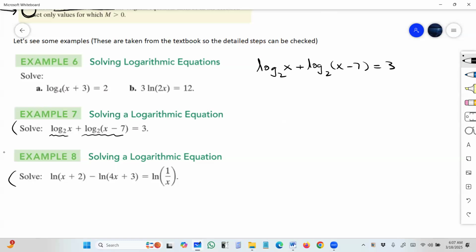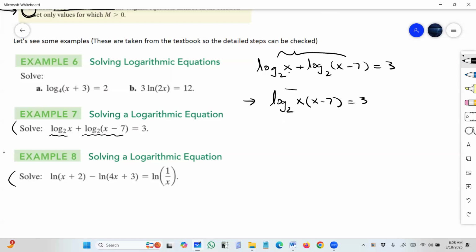In other words, I have to have only one log expression in here. So what do we do? We apply the property of logs that the sum of two logs is their product. So these two, log base 2 of x and log base 2 of x minus 7, becomes log base 2 of x times x minus 7. So this is absolutely necessary. You cannot begin otherwise.